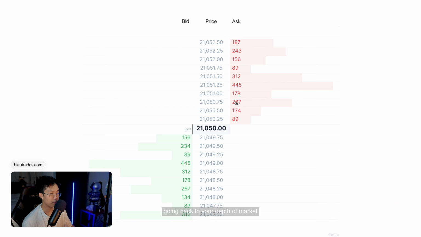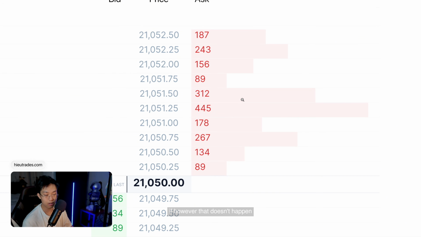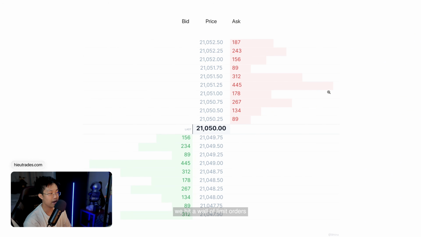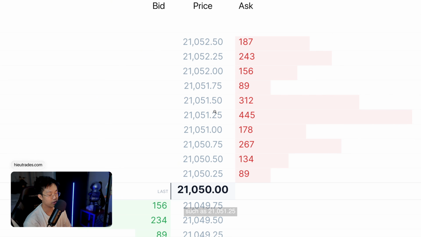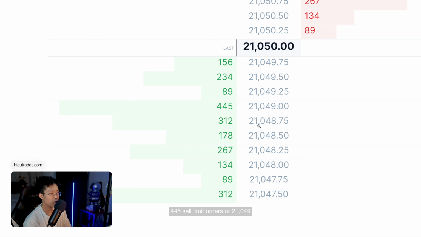Going back to your depth of market, if however that doesn't happen, then there is a good chance we hit a wall of limit orders, such as 21051.25, 445 sell limit orders, or 21049, 445 buy limit orders, based on the direction the market is moving in.